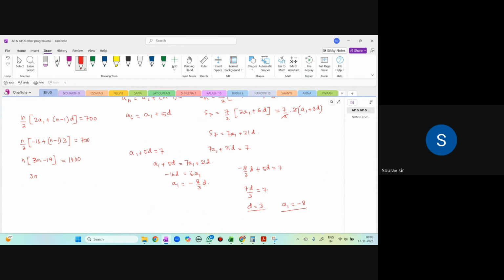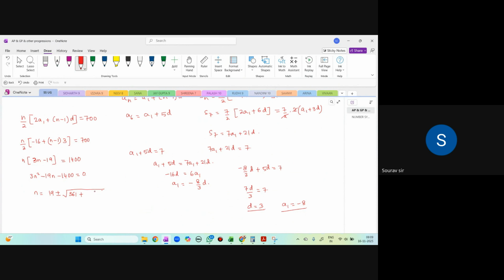So 3n square minus 19n minus 1400 equals 0. So this is a quadratic in n. So you can use the quadratic formula. n would be 19 plus minus square root of 19 square, which is 361, plus 4 into 3, 12 into 1400.